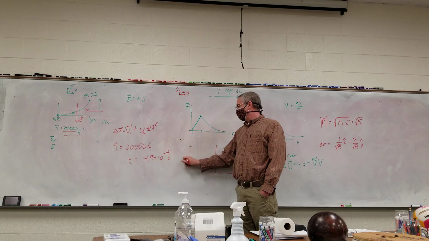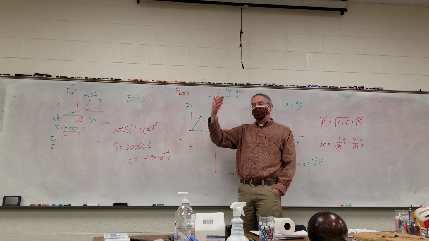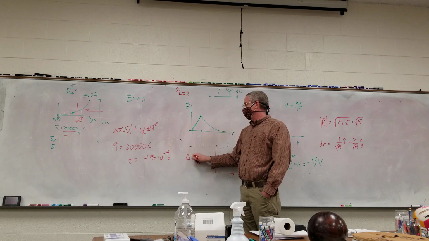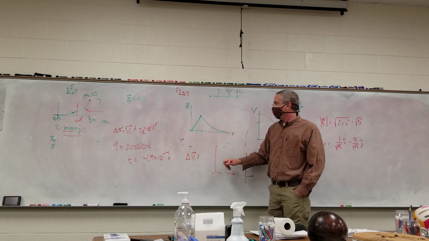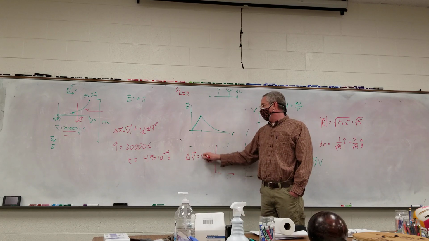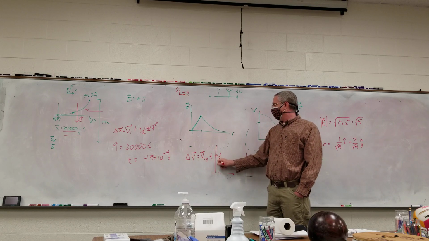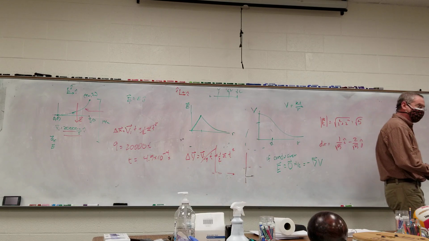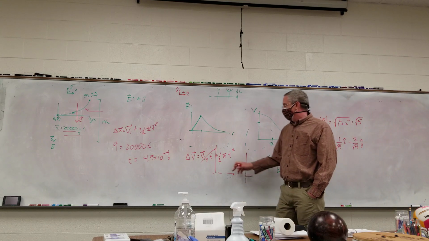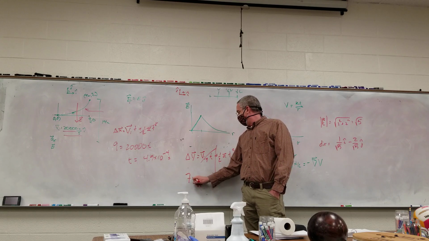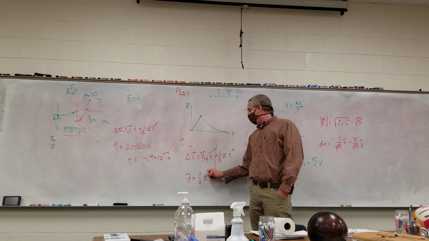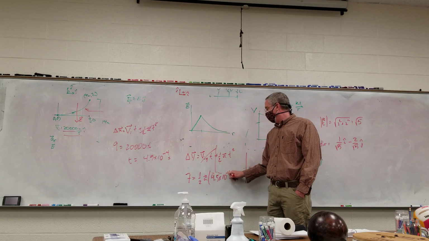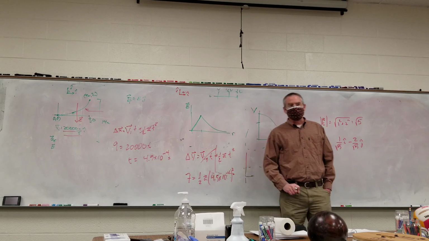Horizontally, sorry, or vertically, as you kids say today. Delta y is equal to v i y t plus one half a t squared. My initial velocity in the y direction is 0, because it's shot horizontally. And so we end up with 7 is equal to one half a times 4.5 times 10 to the negative 4th, squared. So then we find the acceleration.